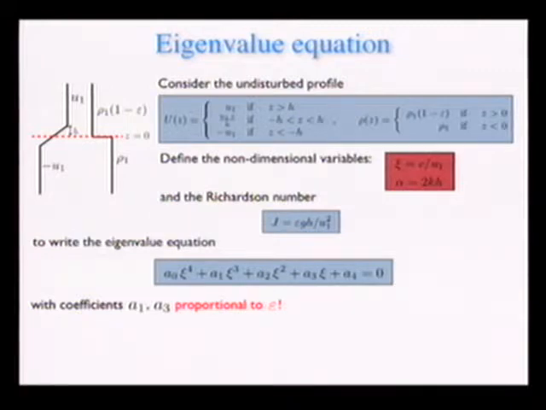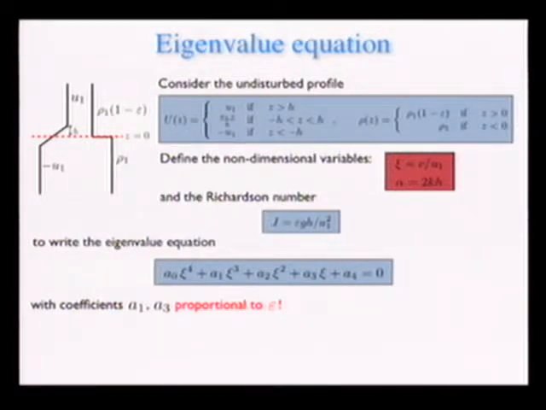If I do that, and write everything in non-dimensional variables, I will introduce the Richardson number, where epsilon here is just the density increment to move from one layer to the other, okay? And then you just have to solve phi double prime minus k squared phi equals 0, subject to the jump conditions.